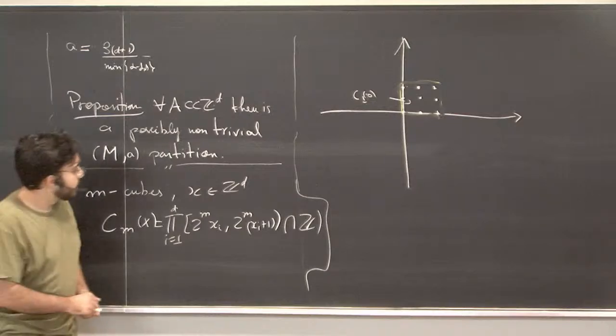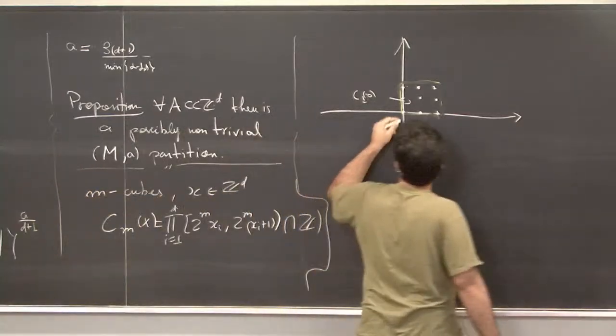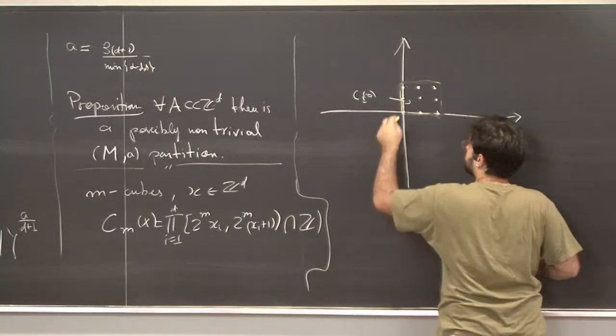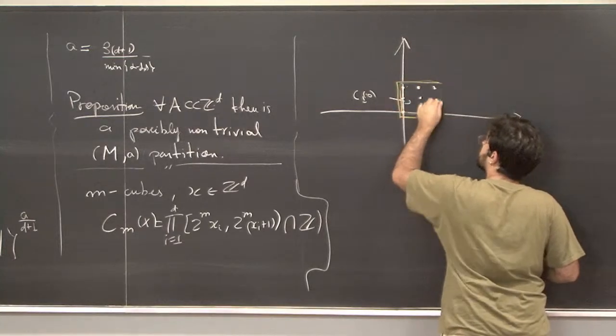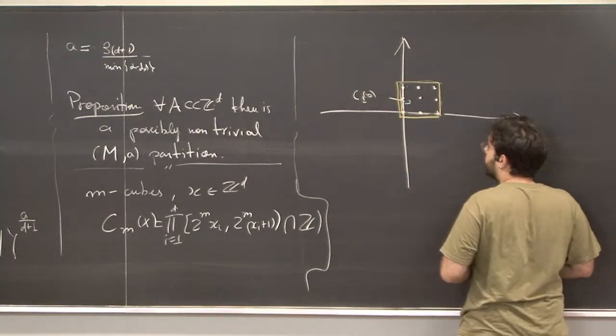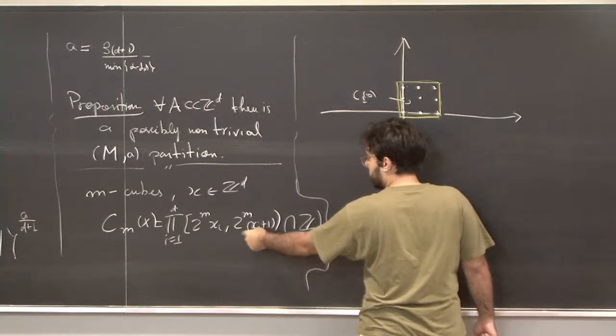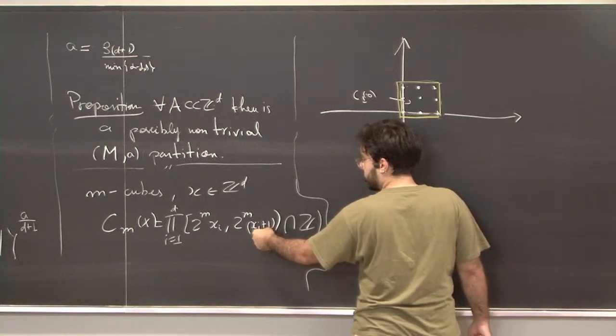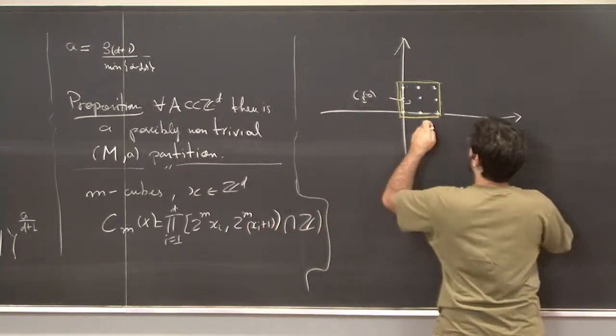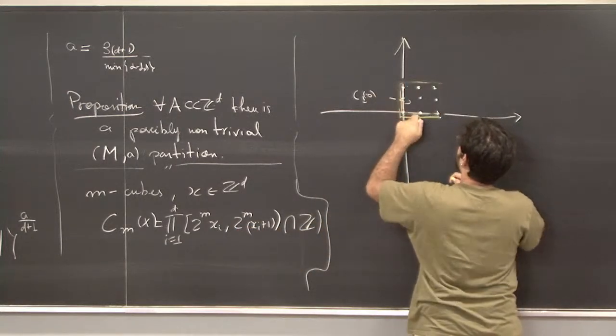Yeah, so it is exactly this one, because this goes from 0 to 2, 0 to 2, because m is equal to 1, and this is open, so actually we get this.